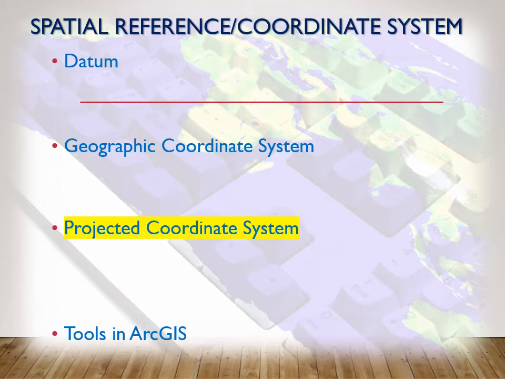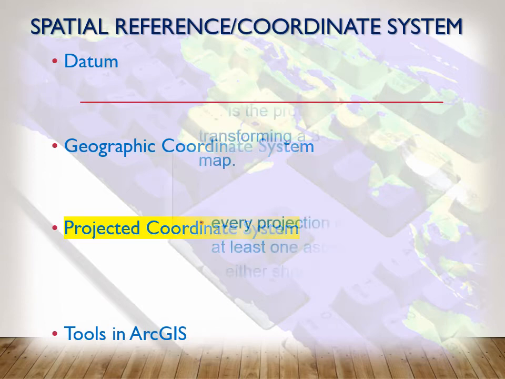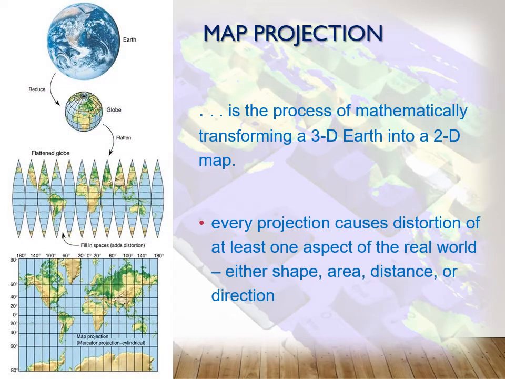Now with projections. So hopefully, again, you have seen projections in the past in a different geography class, and if not, we'll go over a little bit of the details here. Map projection. Now keep in mind that maps are representations of Earth, and Earth is a sphere, or as we just learned, is really an ellipsoid.